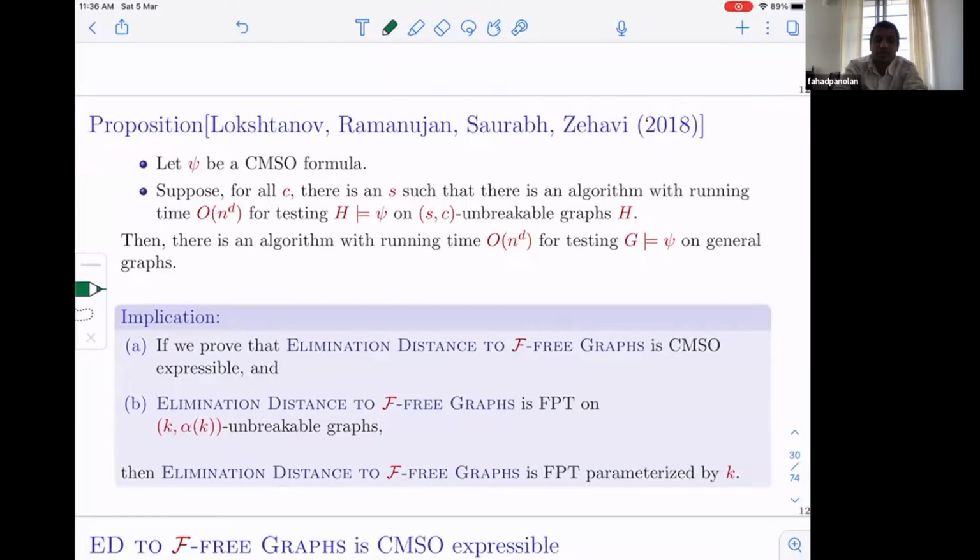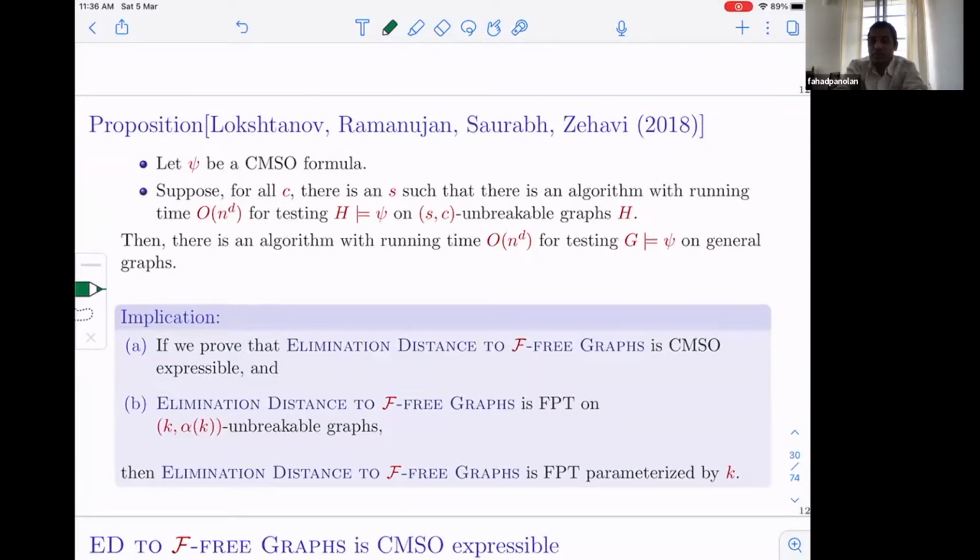So to get an FPT algorithm for our problem on general graphs, we need to prove these conditions A and B. Now yesterday we went on and saw that indeed condition A holds.